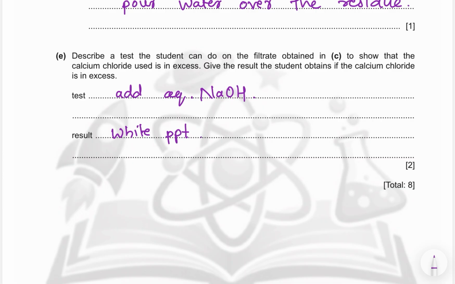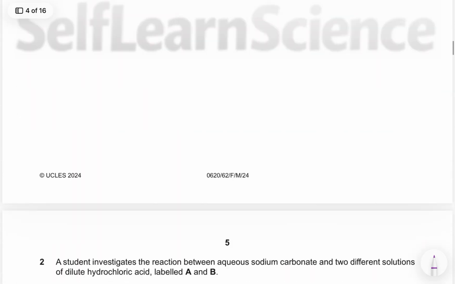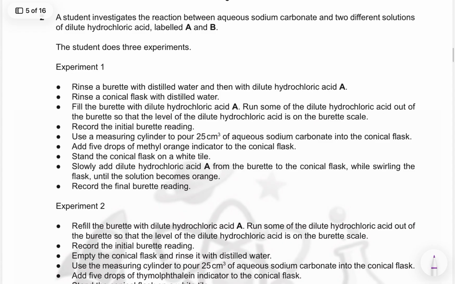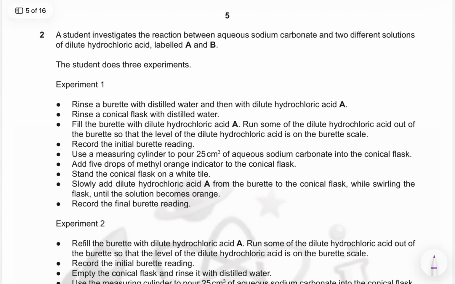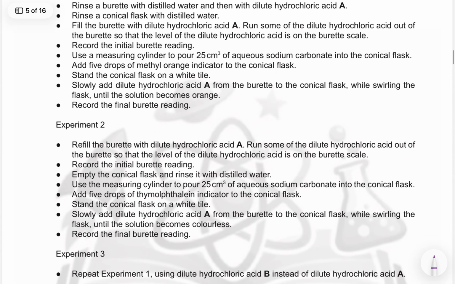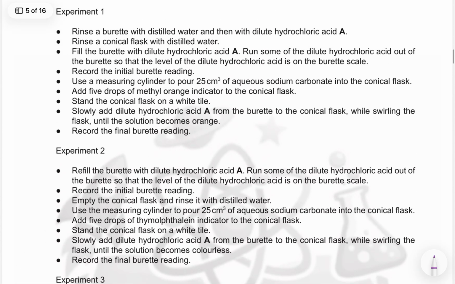Next, Question 2. A student investigates the reaction between aqueous sodium carbonate and two different solutions of dilute hydrochloric acid, labelled A and B. So we have two different solutions of HCl, that is A and B. There are in total 3 titration experiments being performed here.